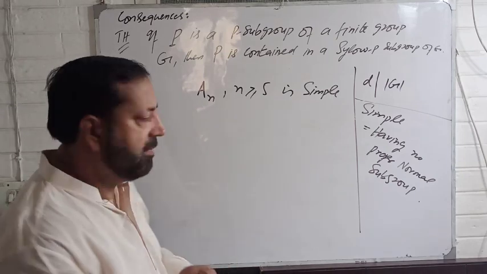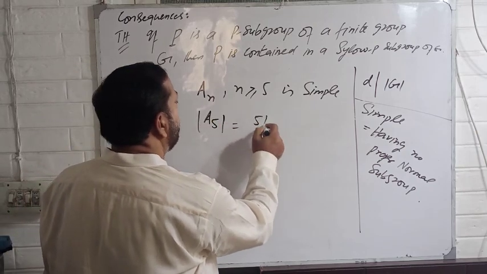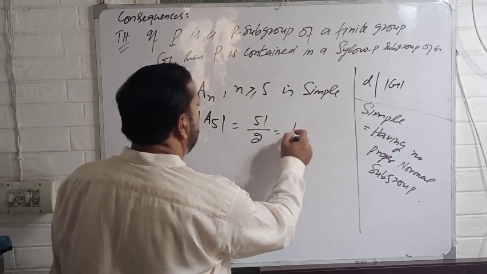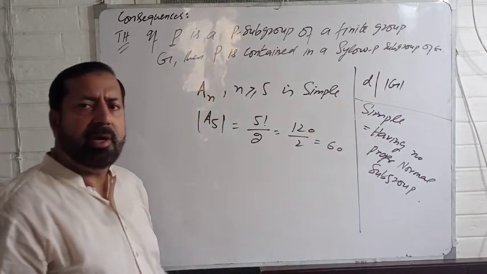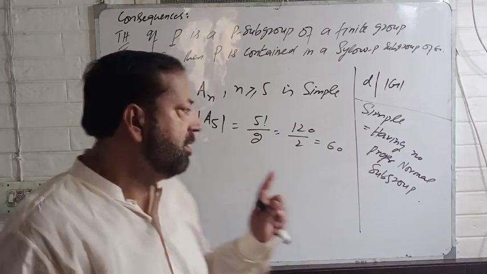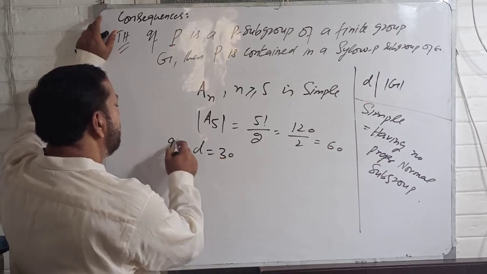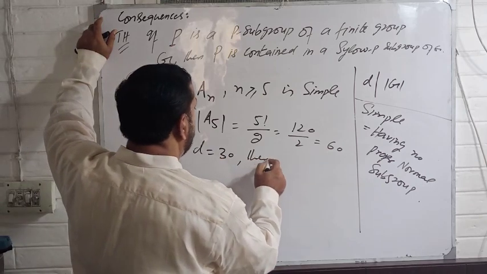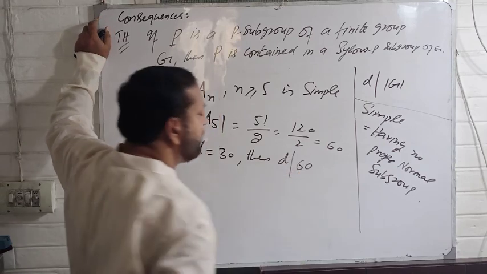So look at A5. The order of A5 is 5 factorial divided by 2, which is 120 by 2, which is 60. Now look at this example. 30 is a divisor of 60. If you take D equal to 30, then D divides 60.